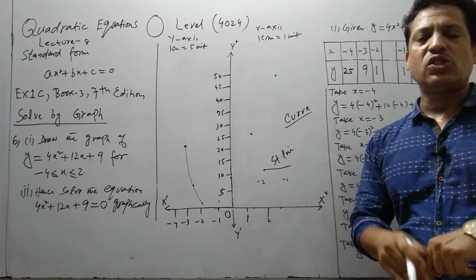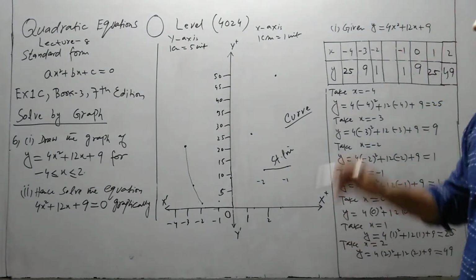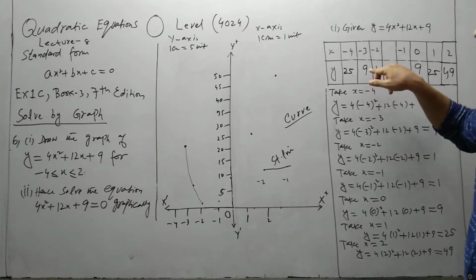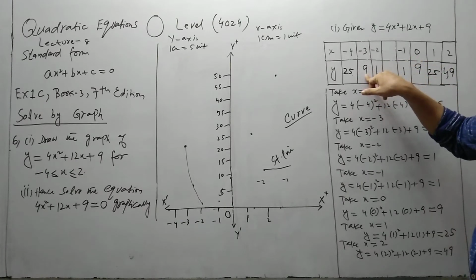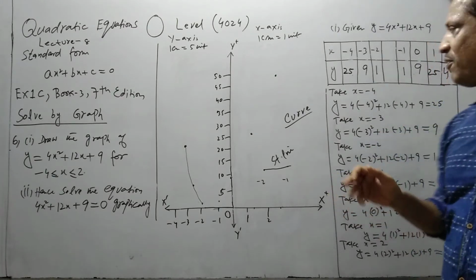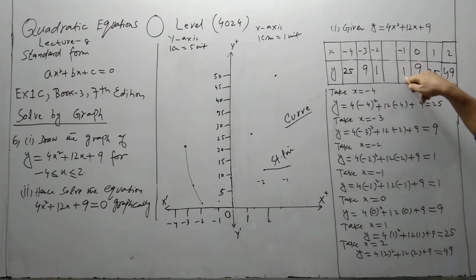A straight line is not acceptable whenever we draw a curve. You might say that 9 and 9 are also the same, but 9 and 9 are not consecutive. Consecutive means one after another. So this is 1, this is 1.